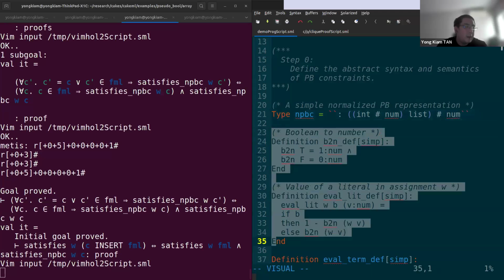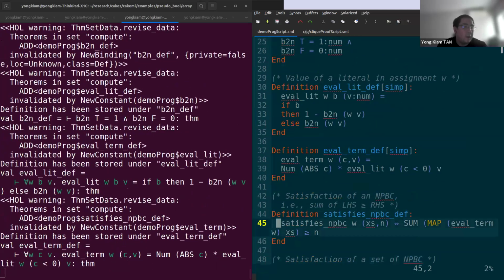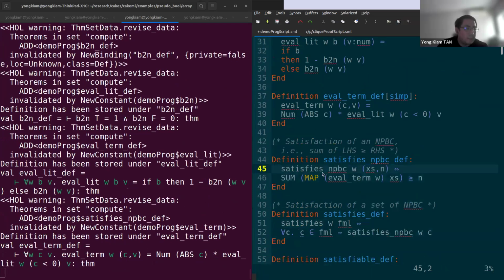What we have to do is define what it means for a Boolean assignment W, omega, to satisfy this pseudo-Boolean constraint. And we just say that if you evaluate all the terms on the left-hand side and sum them up in the assignment, then it must be greater than or equal to the right-hand side, right?